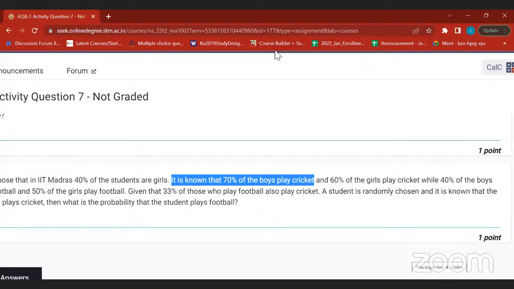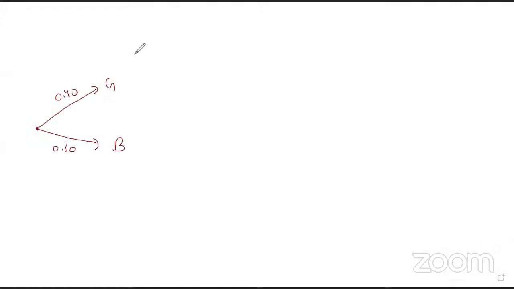By double branching, sir meant cricket and football, and cricket, football, all those things. It did not mean just two branches. Here you will have two branches, and they will also have some intersection part between them. That will also get stuck with the tree diagram a bit. It will cause some trouble in visualizing.